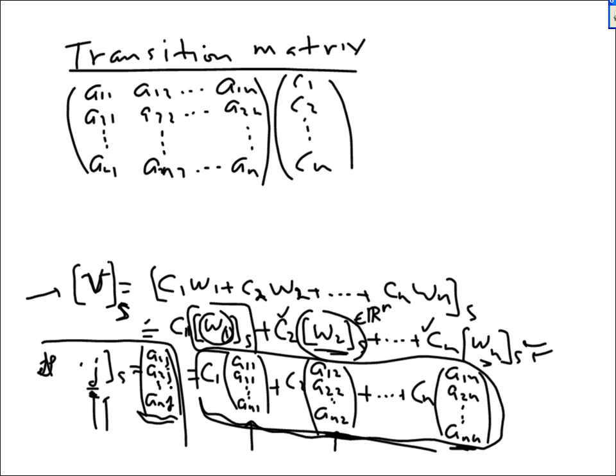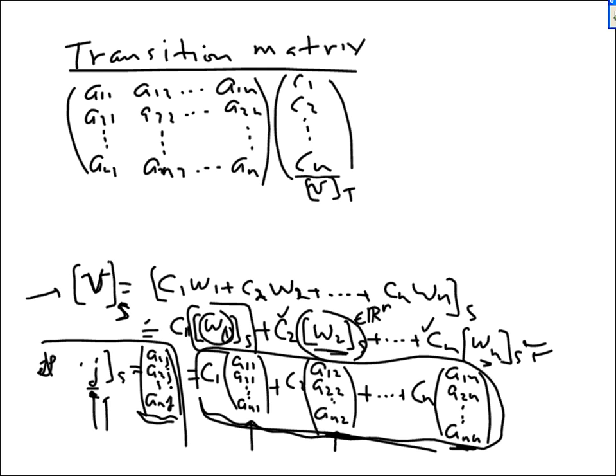Now, this last matrix on the top right is nothing more than our V in brackets sub t. And this matrix on the left, that's our transition matrix.